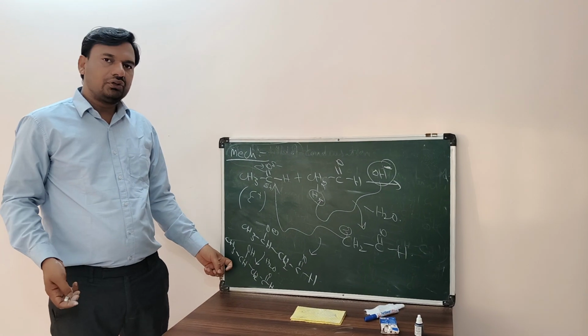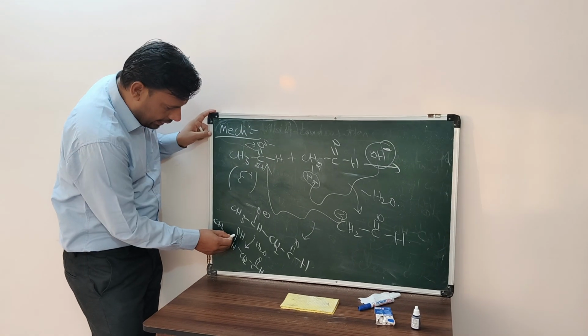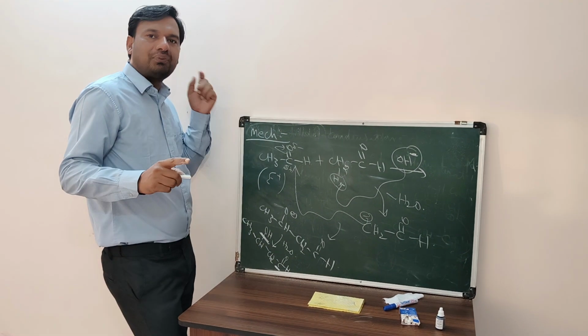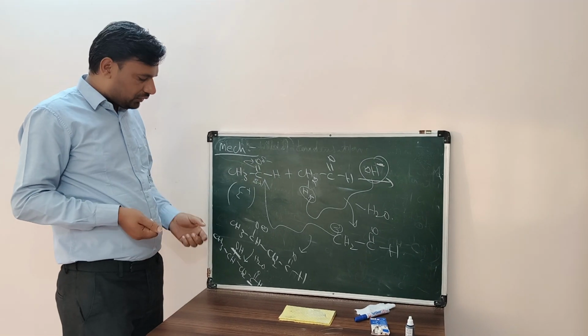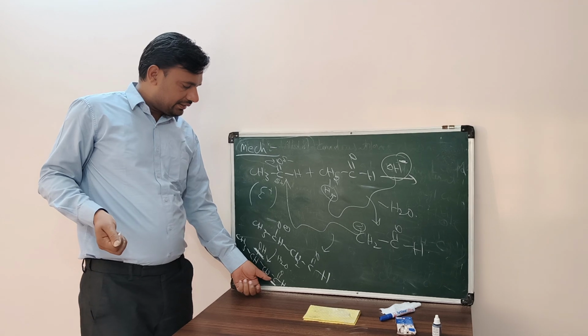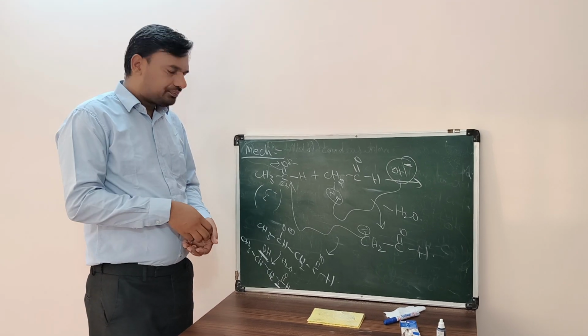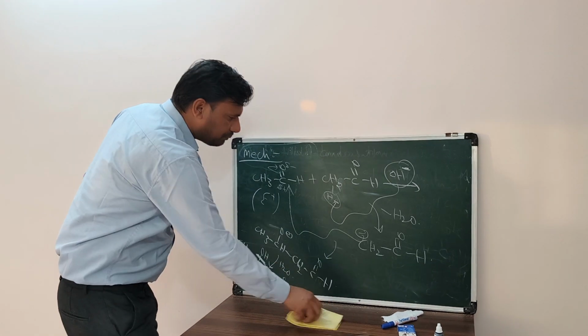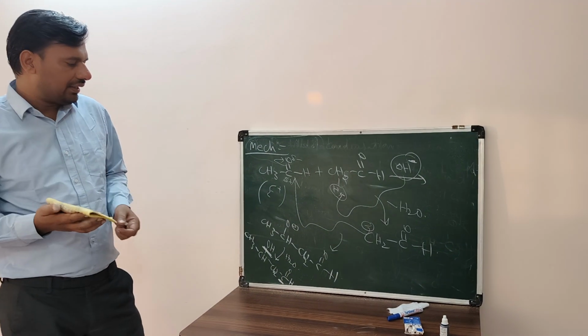So this is a molecule which contains alcohol functionality and aldehyde functionality, and I spoke already that molecules which contain both functionalities, alcohol and aldehyde, are called aldol. So this is the molecule, and this aldol further undergoes reaction on heating.